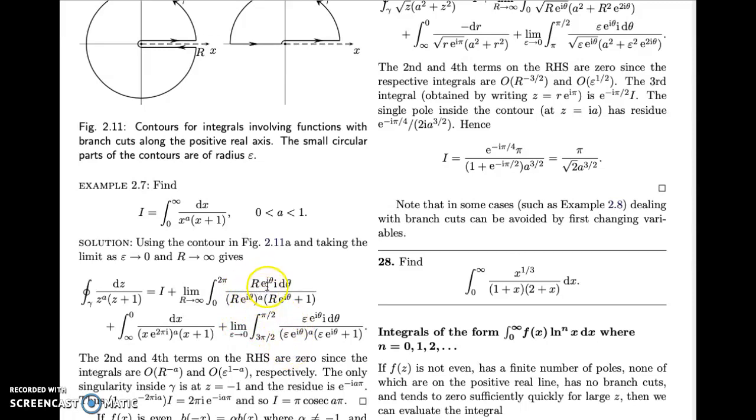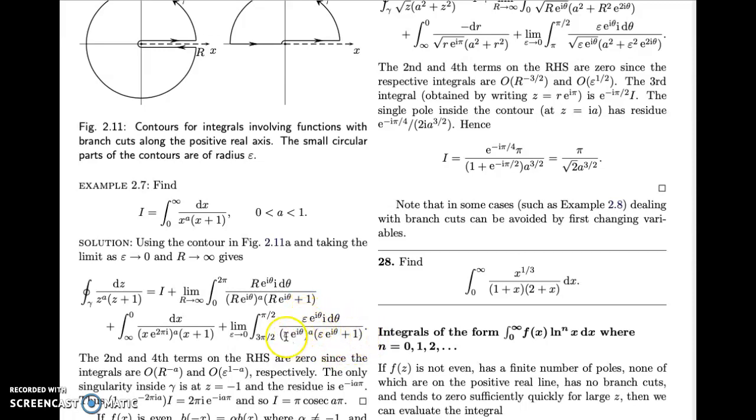So firstly, this one, we just look at the r, and this is all modulus 1. We've got r divided by r to the a as r goes to infinity, so r to the power 1 minus a, and as long as a is larger than 1, this will tend to 0 as order r to the minus a. Then this integral here, remember we're looking as epsilon goes to 0 this time, so this is going to be 1, we don't have to worry about that.